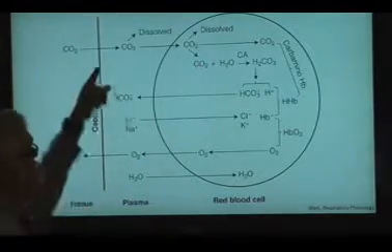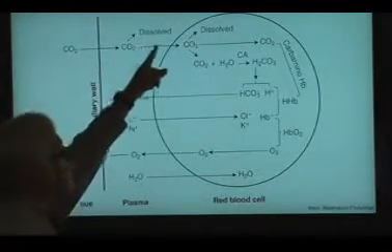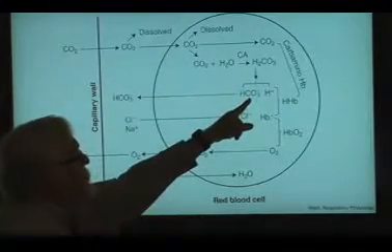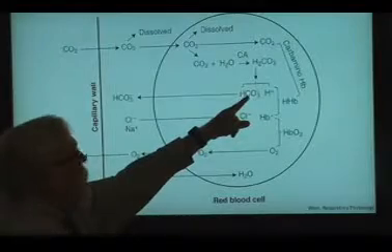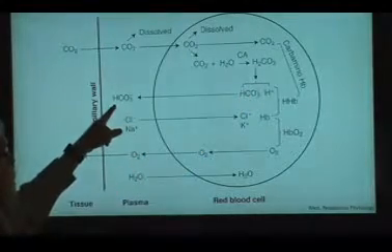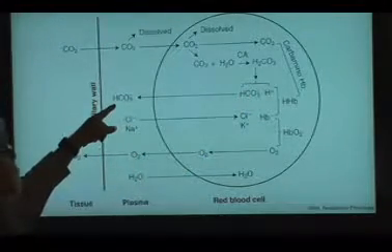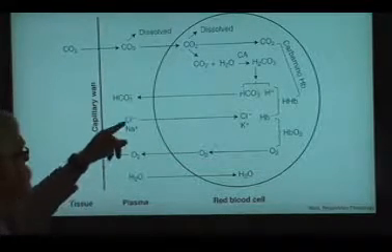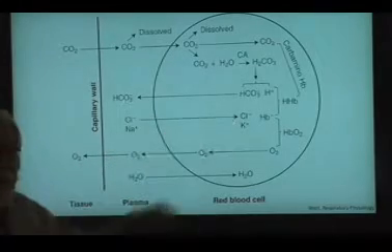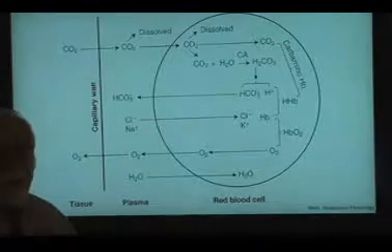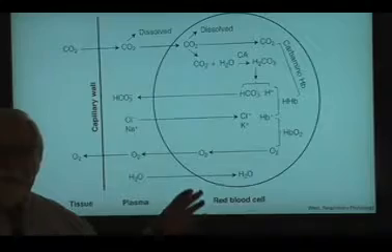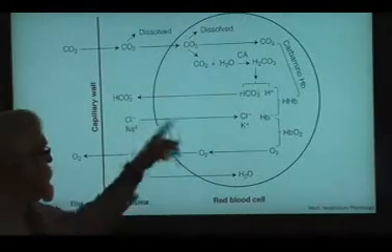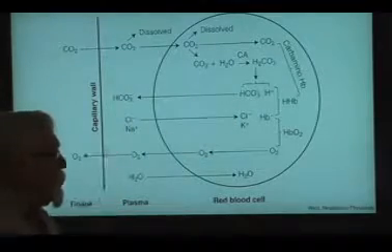So much of the CO2 that dissolves into the bloodstream goes into the red blood cell and, in the presence of carbonic anhydrase, is converted to bicarbonate. The bicarbonate diffuses back out into the serum, and at the same time, to maintain electrical neutrality, chloride shifts to the interior of the cell. You may remember years and years ago in a physiology class they called this the chloride shift: the shift of chloride into the red blood cell as bicarbonate comes out.